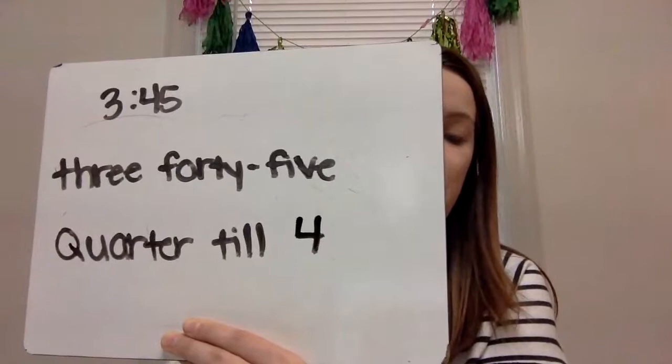Now here's where it gets a little tricky. Is it quarter till 3 or quarter till 4? What's the next hour that you're going to see with that clock? It'll be 4. So this is where this one gets a little bit different, but it is quarter till 4. So this is how you can also write that, quarter till 4.